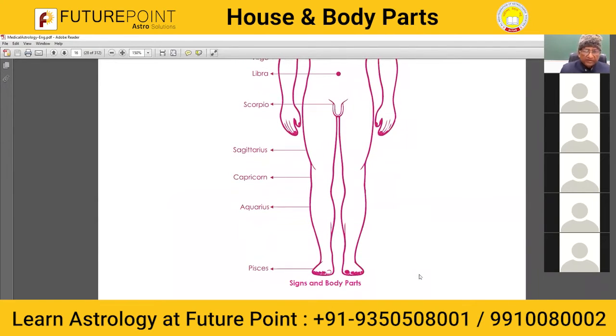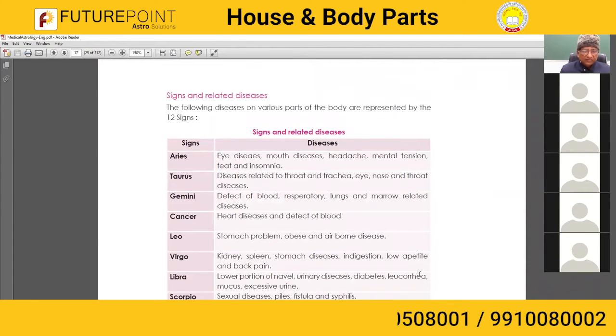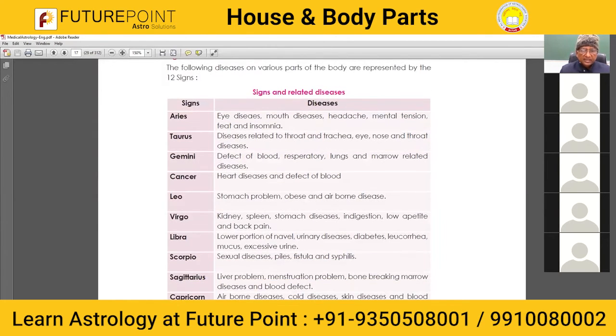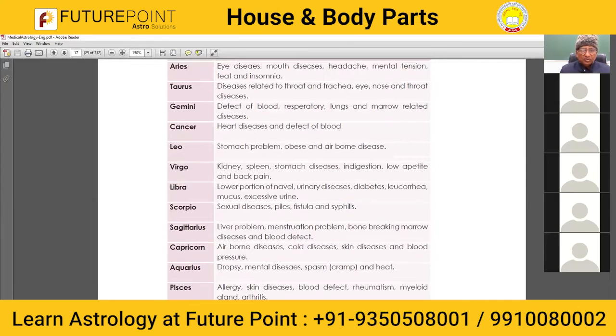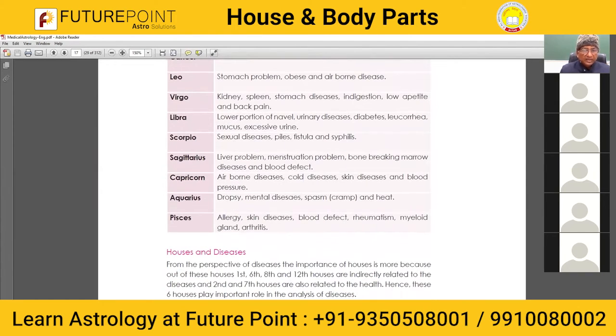So whatever we have to consider, first of all we have to know what are the significators of what. Certain diseases are represented by certain planets. Sun represents eyes, and moon also represents eyes. Now Mercury represents your speech. Jupiter also represents your speech.